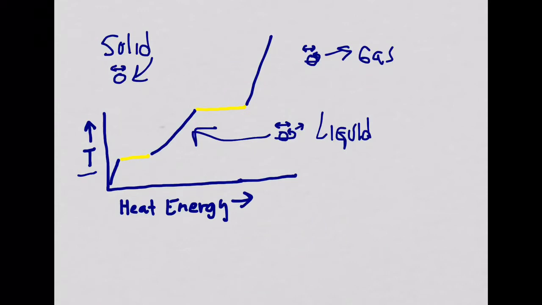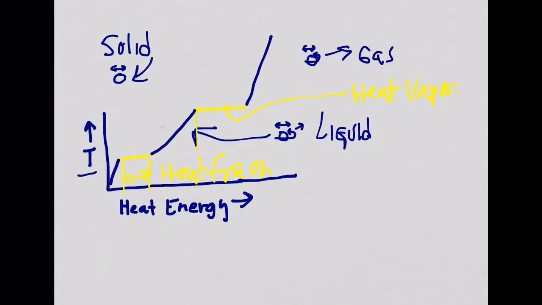A couple of other things on this heating curve. This amount of energy right here would represent the heat of fusion, the heat required to melt ice or released when ice melts. And this plateau then is the heat of vaporization.